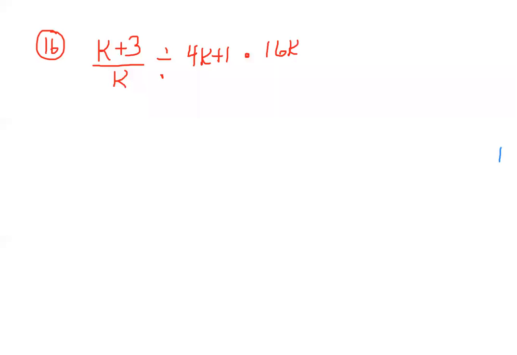So one more, number 16. We've got k plus 3 over k divided by 4k plus 1 times 16k squared minus 1 over k plus 3. Whoa, that one is complicated. Since the dividing is right here, we are going to just take the reciprocal of this one.